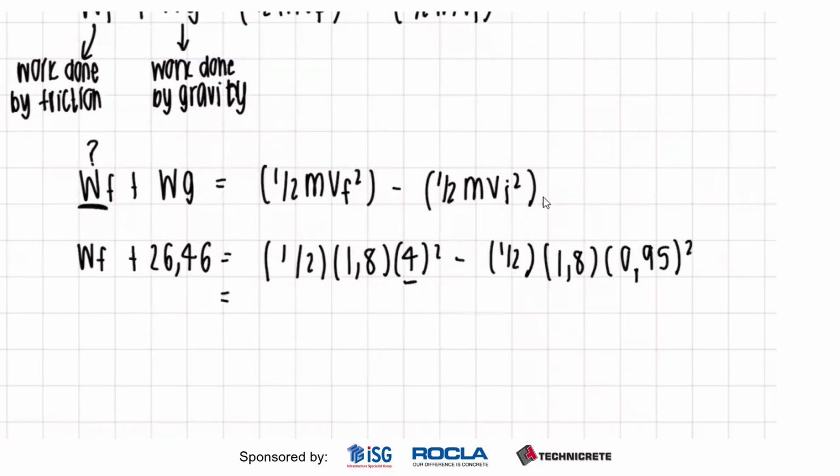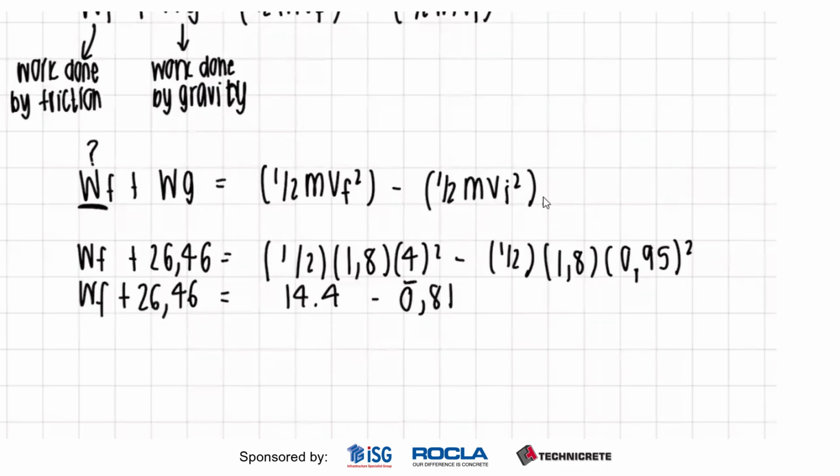Now if we type this into our calculator again: 14.4 minus 0.81 equals WF, that's 26.46.